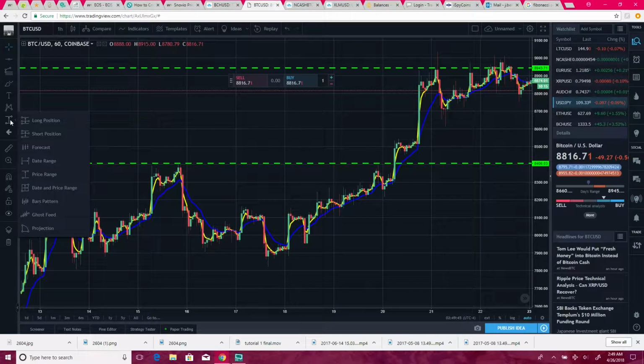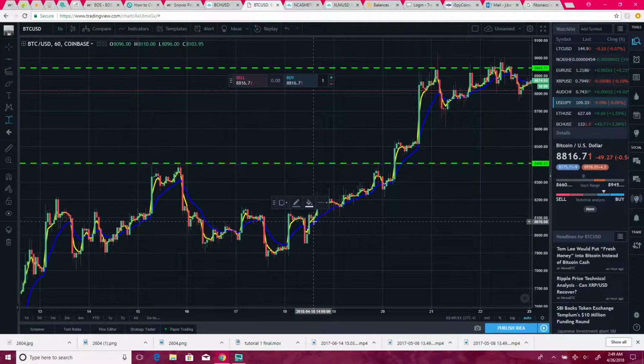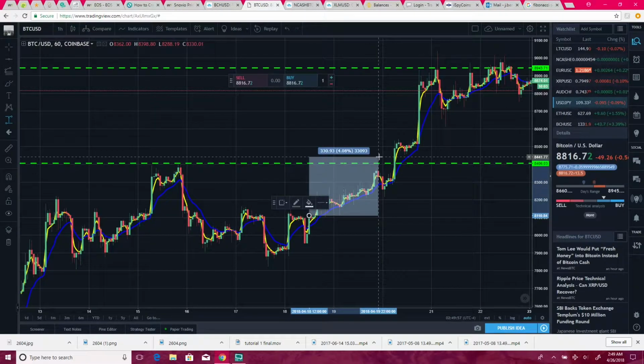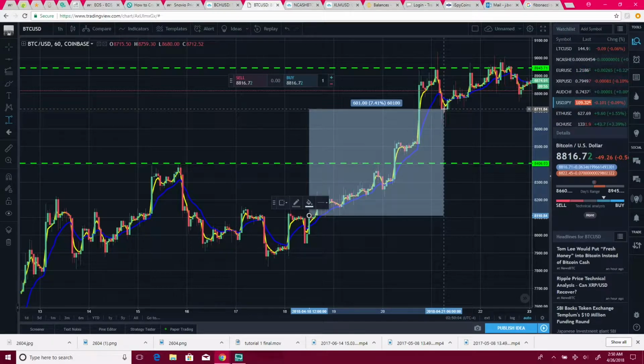Let me show the price range on that. Okay, so this is where this candlestick closed, and it crossed, and then this is where you got out. Nice, 7% gain.